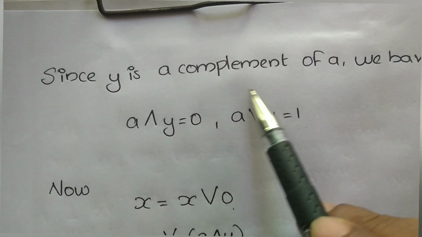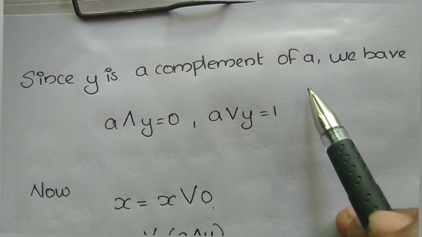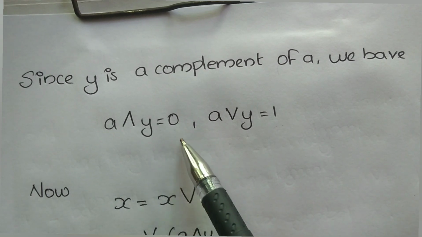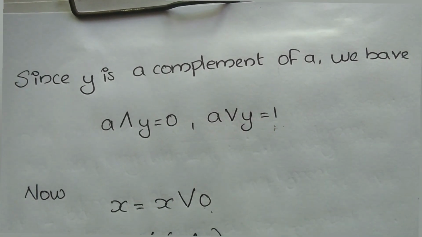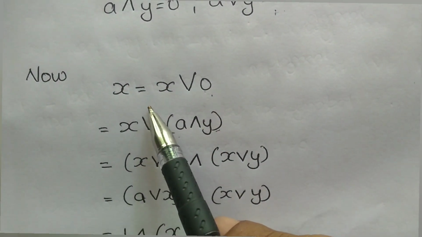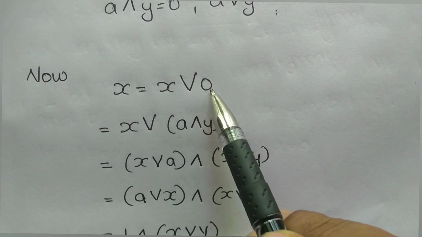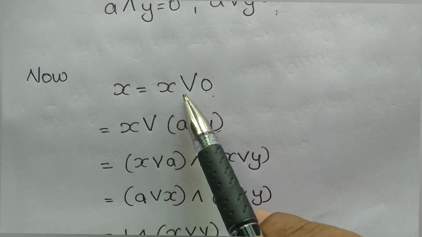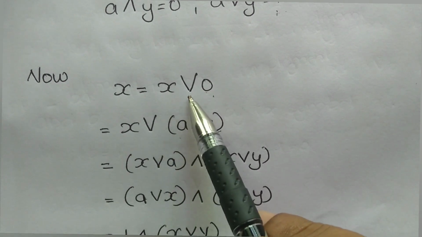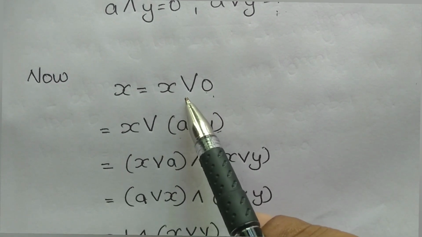Since Y is a complement of A, we have A and Y is equal to 0, A or Y is equal to 1. Now we take the first element, X. This X can be written as X or 0. Comparing to 0, X is the biggest one; 'or' means least upper bound.